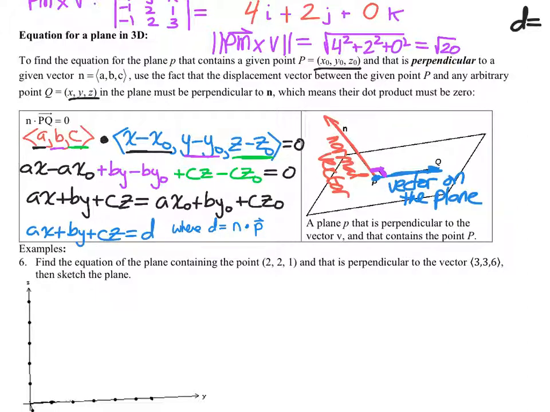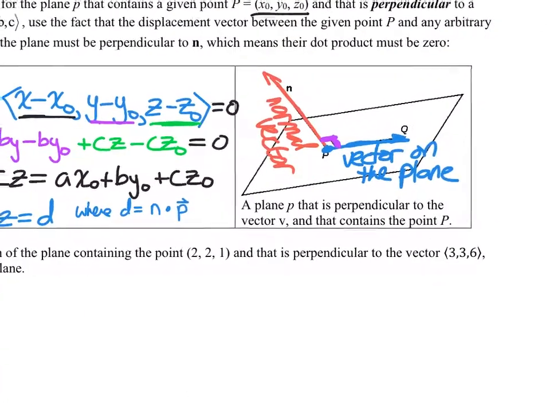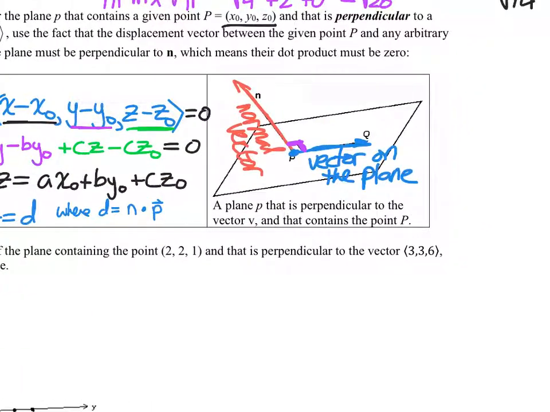All right, so in number 6, it's asking us to find the equation of a plane containing the points and perpendicular to the given vector. So it's actually very straightforward. All we're going to do is just label this up a little bit. If it's going to be perpendicular to the vector of 3, 3, 6, then that's making n 3, 3, 6.